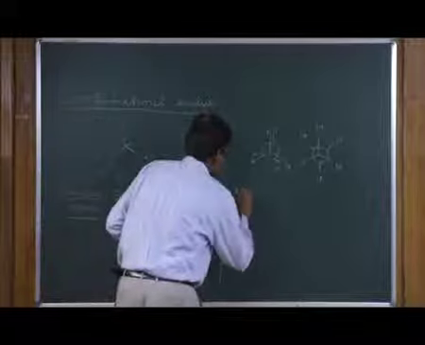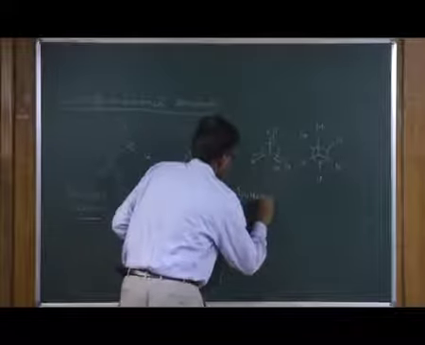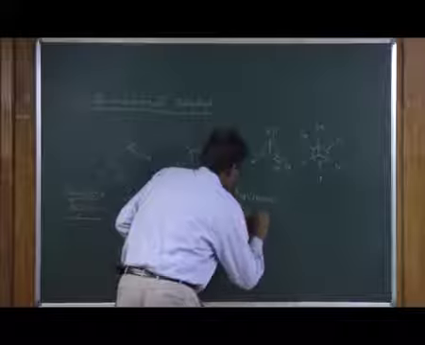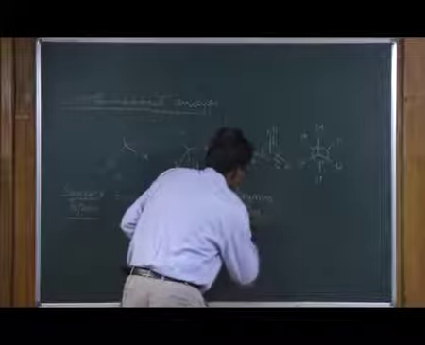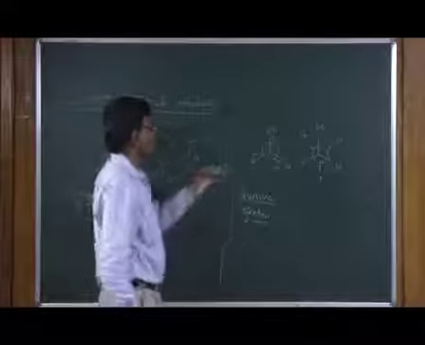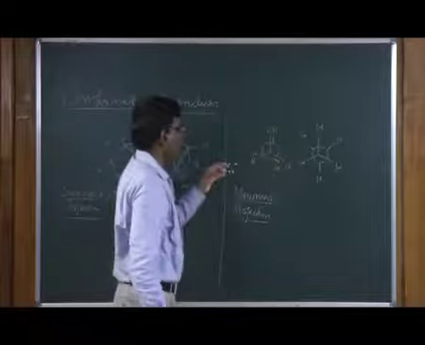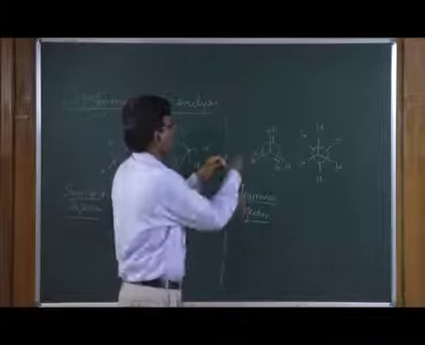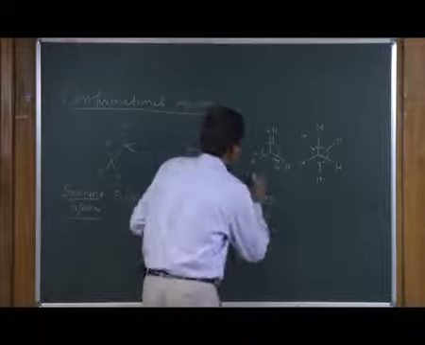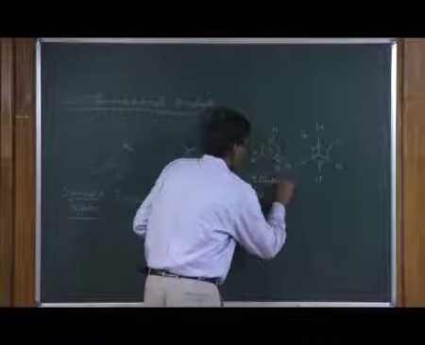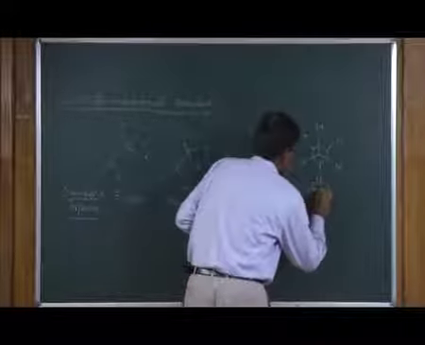This is a Newman projection of ethane. This is the front carbon, this is the rear carbon. This is the eclipsed conformation. This is a staggered conformation.